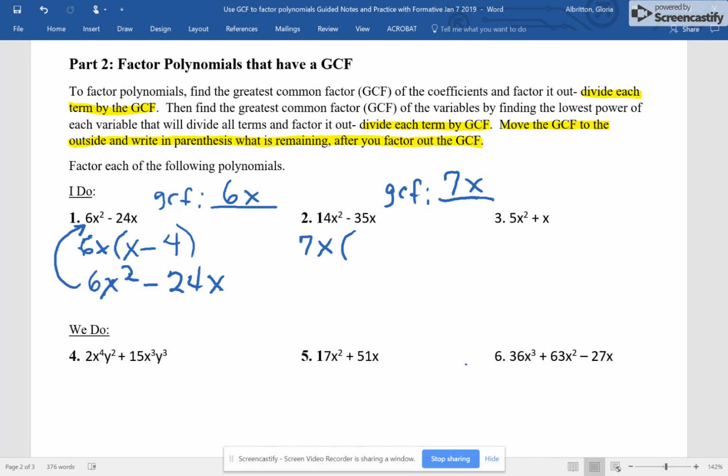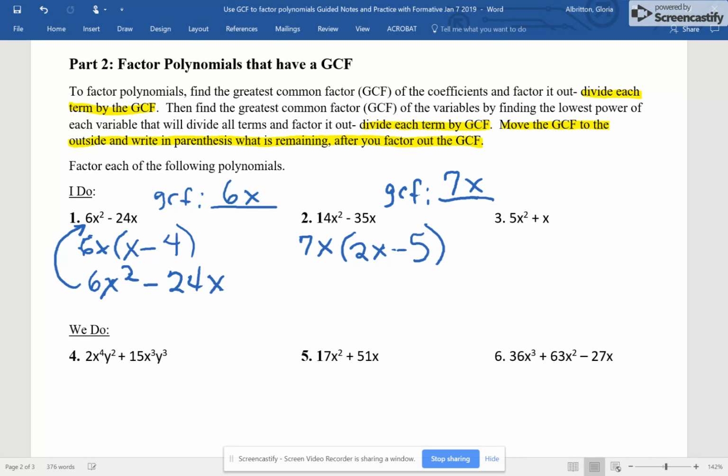So if I pull a 7x out of 14x squared, let's start with the numbers. 7 divides 14 twice. X squared leaves an x. Minus, if I pull a 7x out of 35x, there's a 5 left.